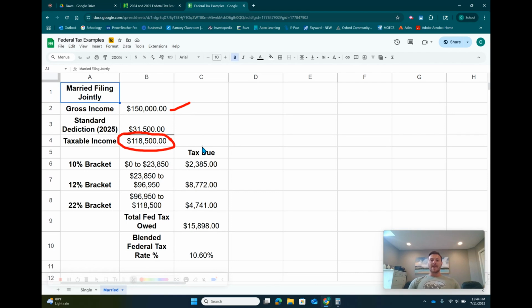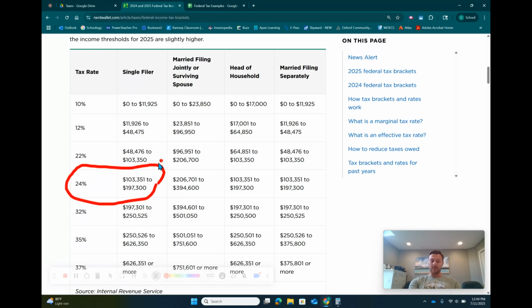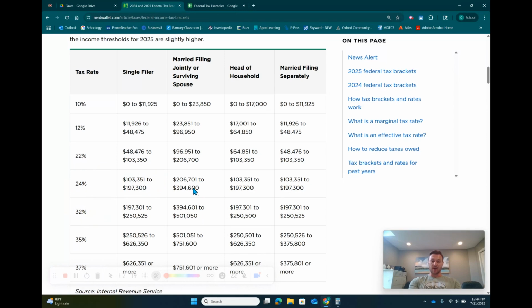Okay? Then we have to figure out in those married brackets, where does 118,500 fall? If I was single, it would fall in the 24% bracket, but we're not single in this case. We are married. And so the 100 and whatever thousand, I think it was 118, falls in the 22% tax bracket. You can actually make all the way up to 206,000 to be in that bracket. All right?